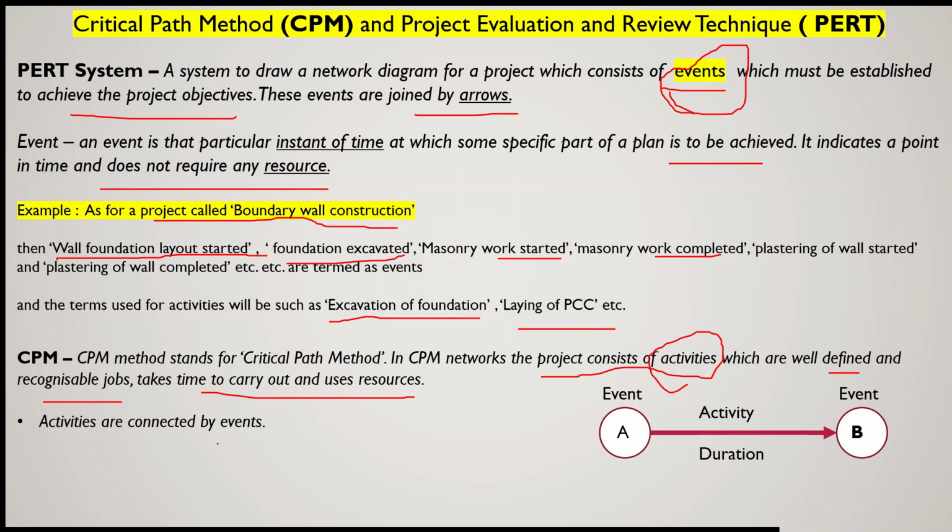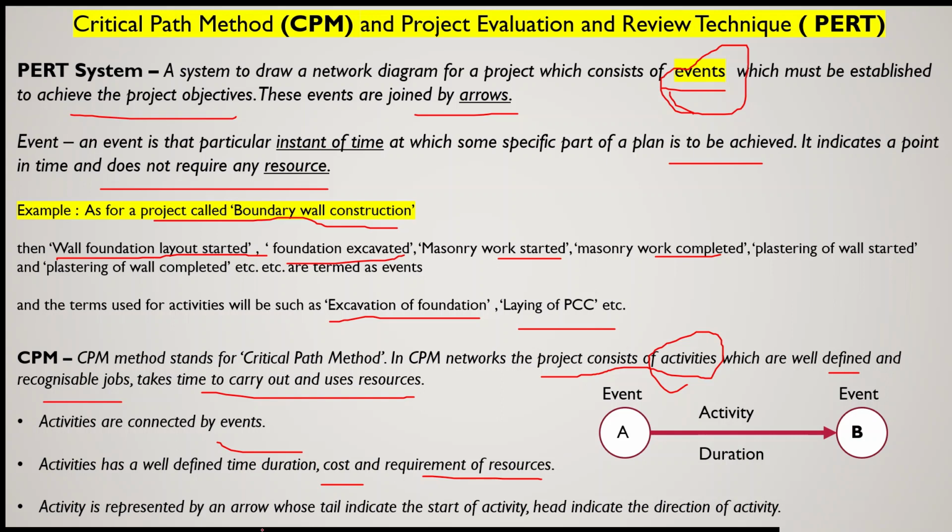So activities are connected by events. Activities have a well defined time duration, as well as cost and requirement of resources. So all the information will be available. Activity is represented by an arrow. Now this will be the head of the arrow and this will be the tail of the arrow.